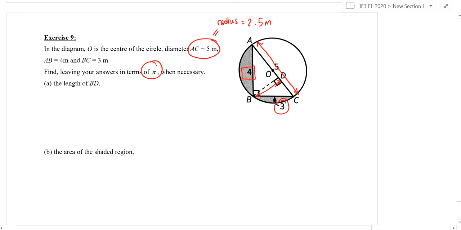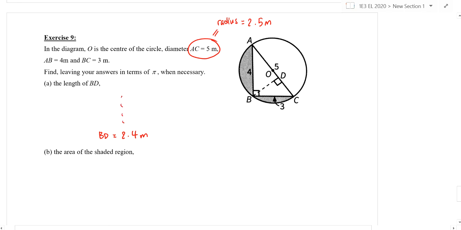In this case, we will not have to use pi, since we are not dealing with circles yet. Okay, so please take some time to try this question. The length of BD is 2.4 meters. So please check this as your final answer after you have done your working.